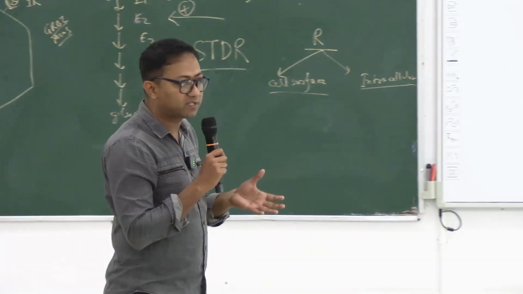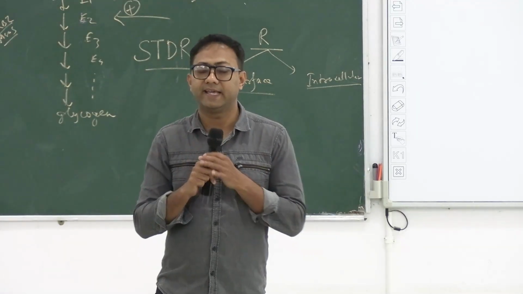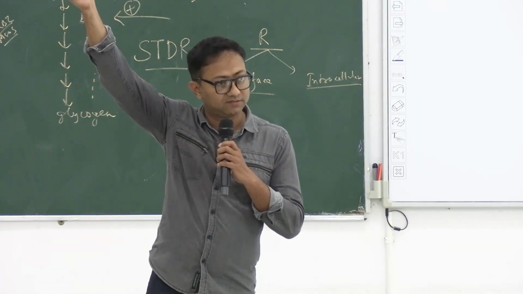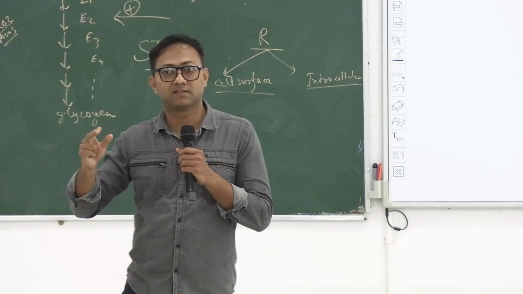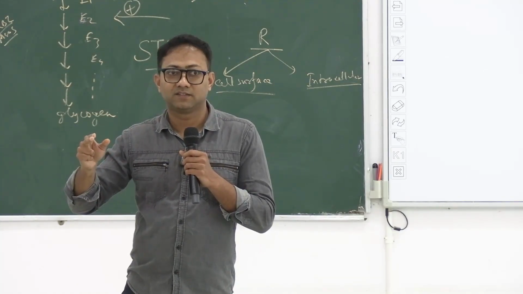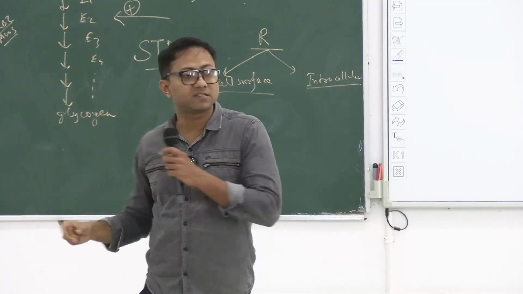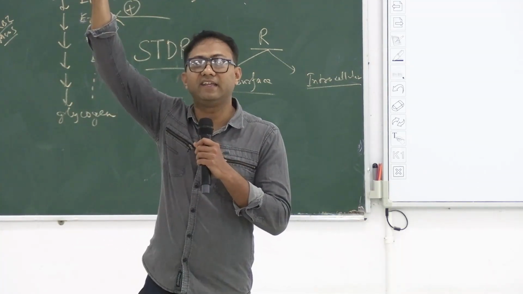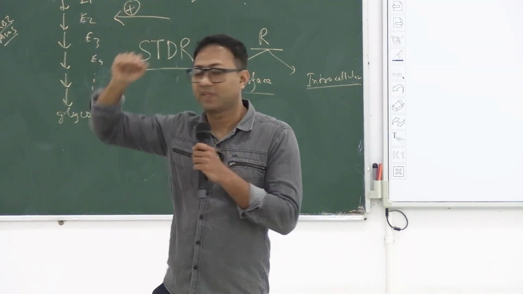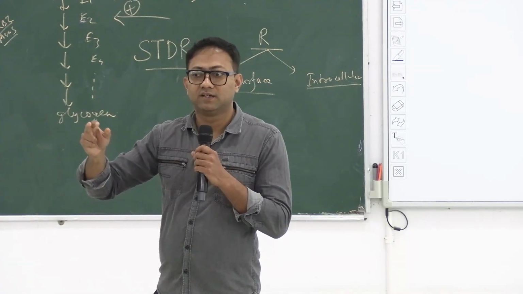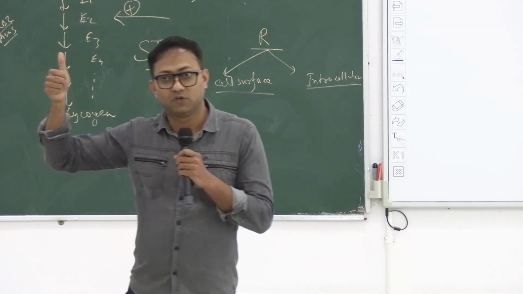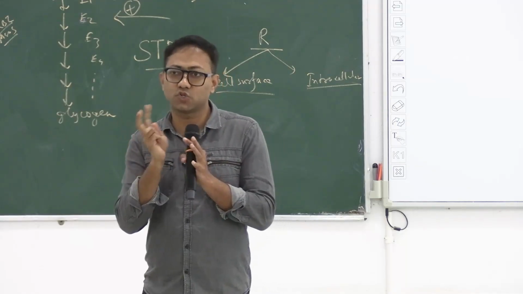So which hormones have receptors inside the cell? S means steroid, T means thyroid hormone, T3, T4, D means vitamin D, R means retinoids. And there is no fifth.